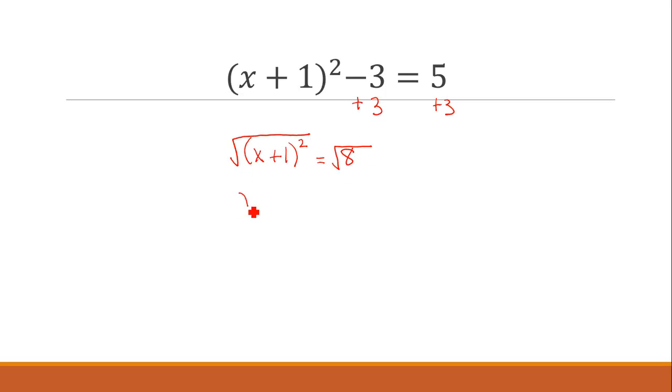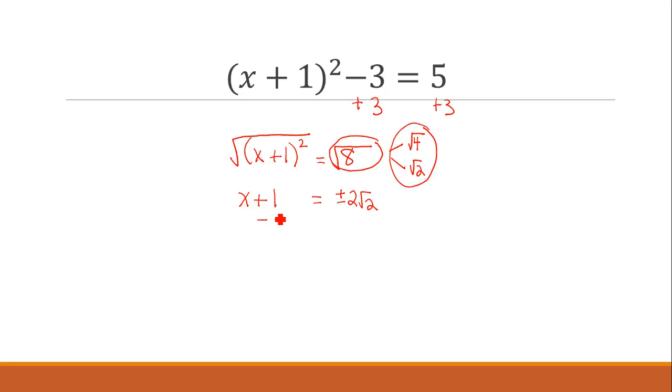On the left-hand side, I now would just have x plus 1. On the right-hand side, I need to simplify this square root of 8. The square root of 8 is the same thing as the square root of 4 times the square root of 2. So 2 square roots of 2 is what that square root becomes. It's broken apart now, and we have a plus or minus in front.